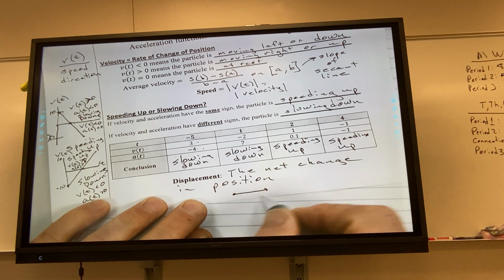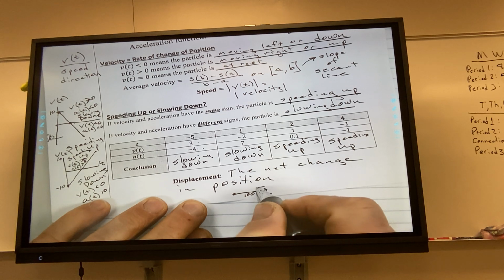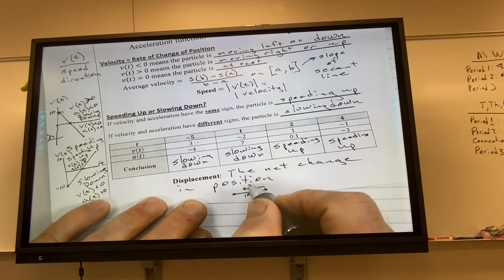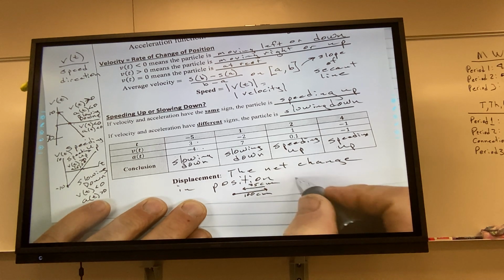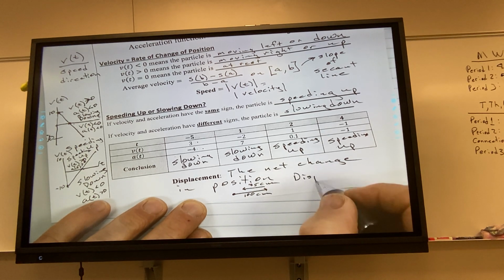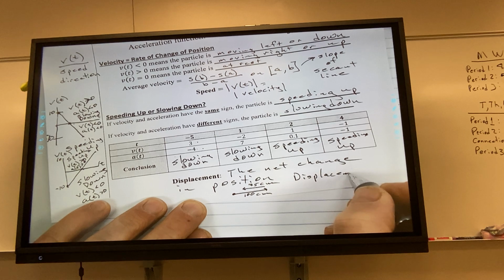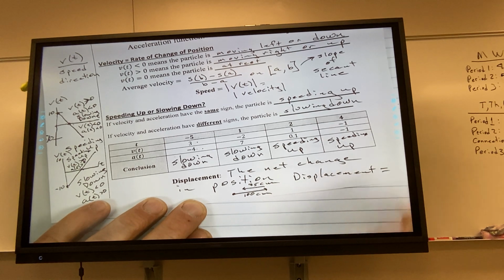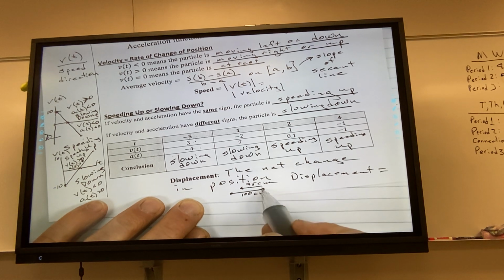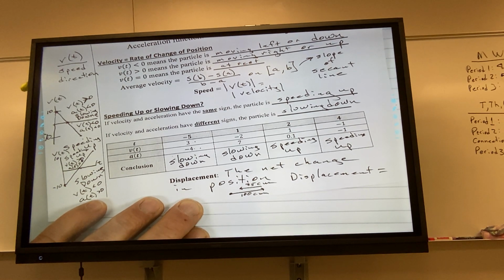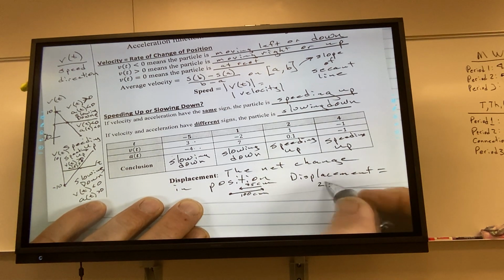I go 100 centimeters in this direction, and then I turned around and went back 75 centimeters in that direction. I have a displacement of what? So I went 100 this way, back 75, 25.